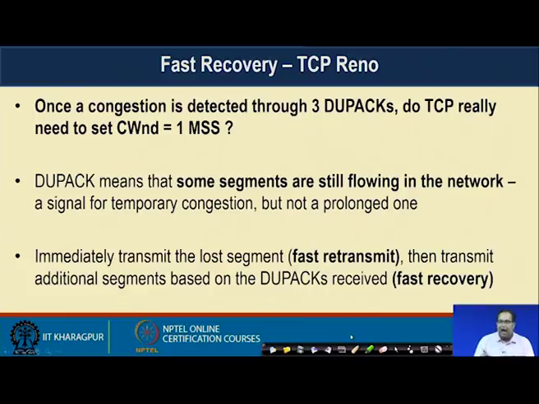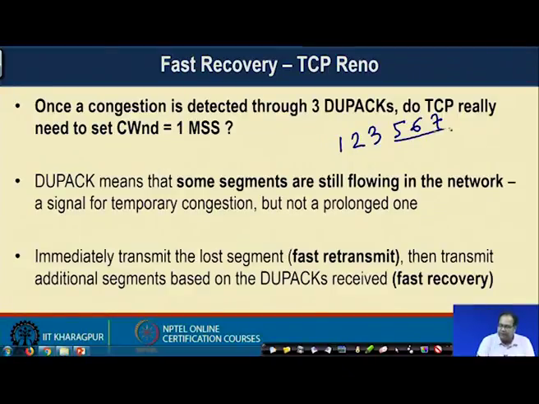If you have a retransmission timeout, that means you are not receiving any acknowledgement. But whenever you are receiving some acknowledgement, that means possibly, in the earlier example I was showing, packet 4 has been lost, but the receiver is receiving packets 5, 6 and 7.